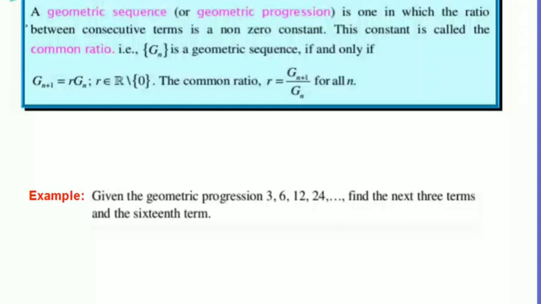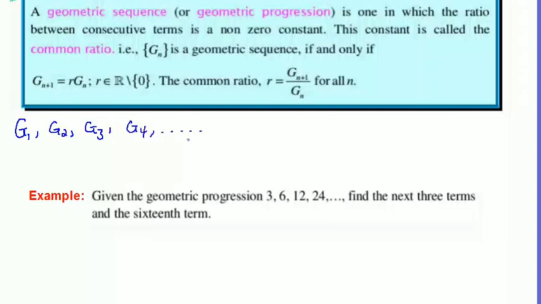The formal definition of a geometric sequence is, as you can see here, one in which the ratio between consecutive terms is a non-zero constant, meaning that if we have a certain sequence, call it G1, G2, G3, G4, and so on. Usually we denote a geometric sequence by the letter G.